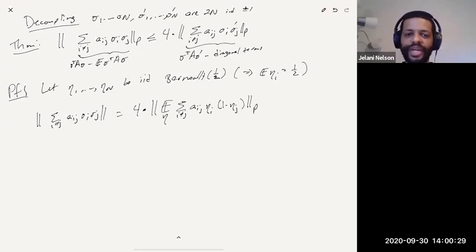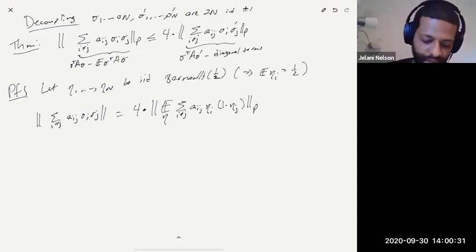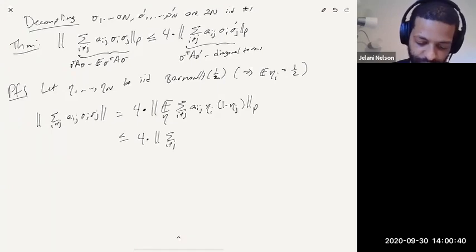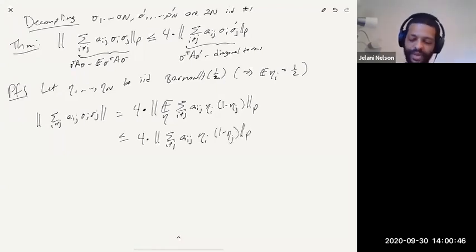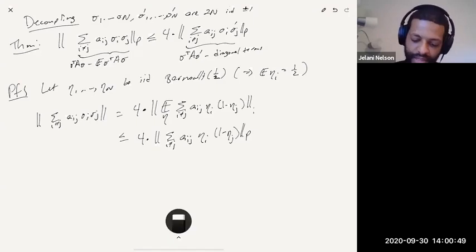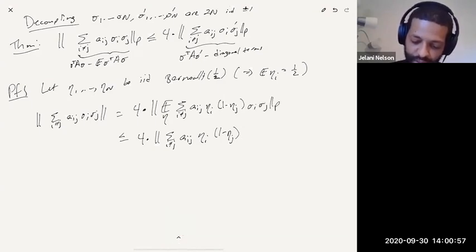And then now what I'll do is I'll say that this is at most 4 times this thing, sum I, I'll basically pull the expectation over eta outside. So to be clear, I forgot to put the actual sigmas. Here there's sigma I, sigma j, and here there's also sigma I, sigma j.